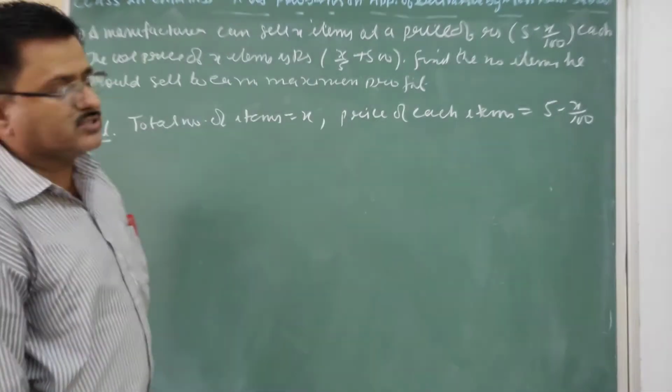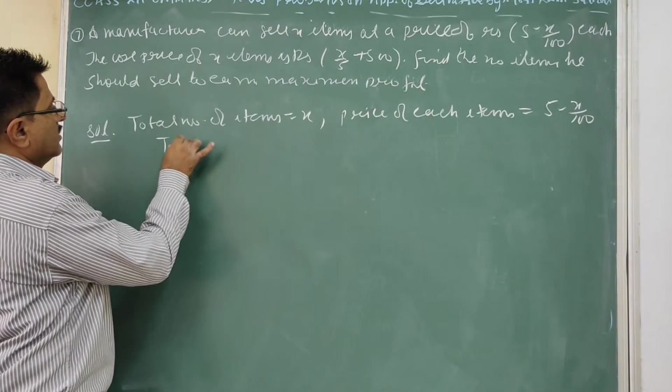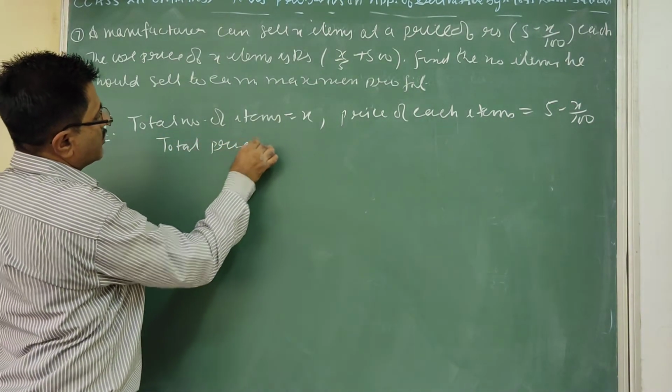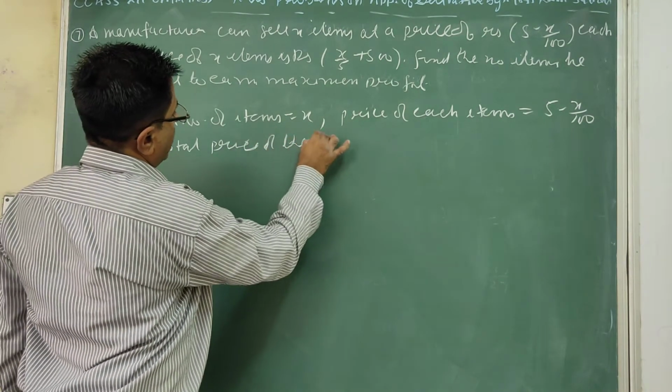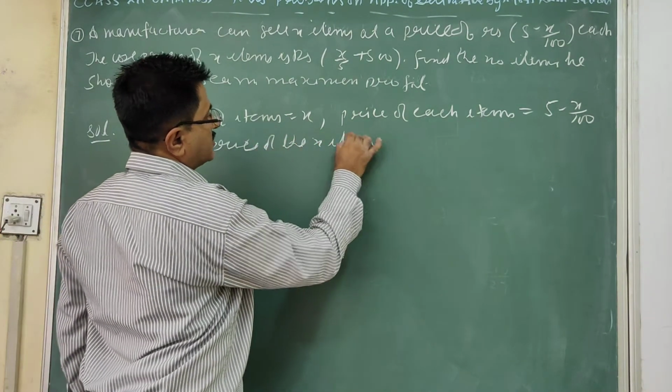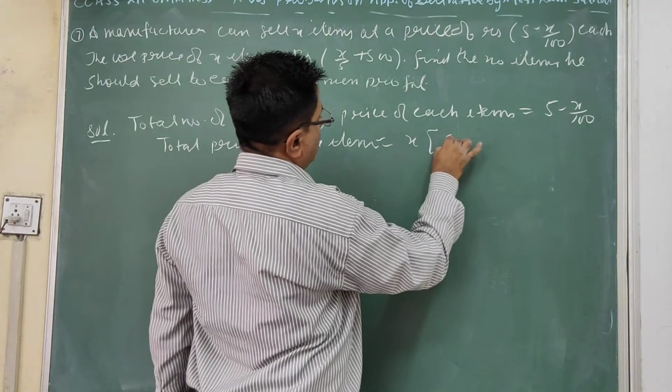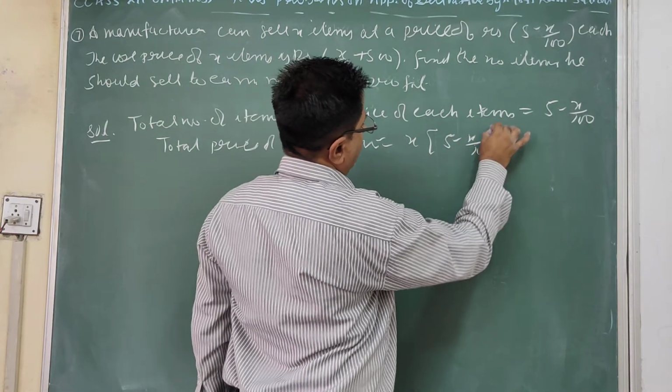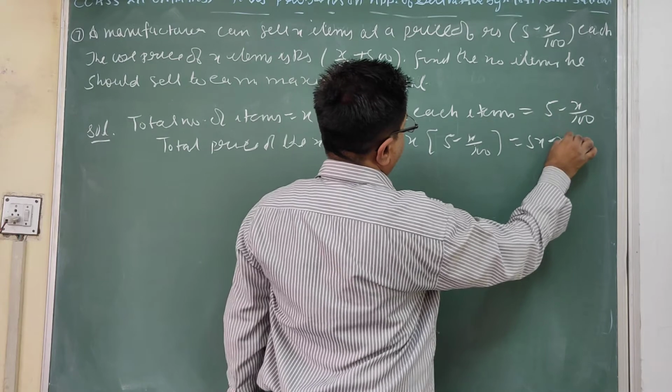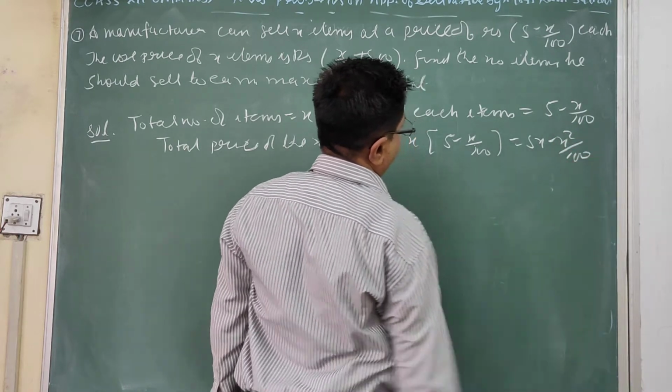So the total price of the x items is x into (5 minus x by 100). So 5x minus x squared by 100.